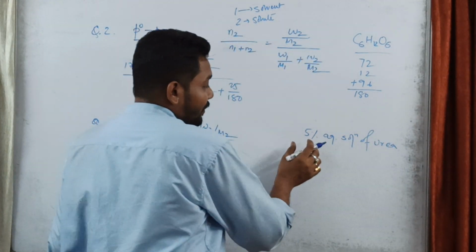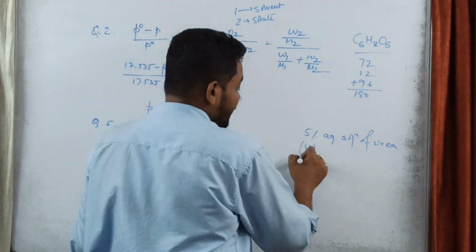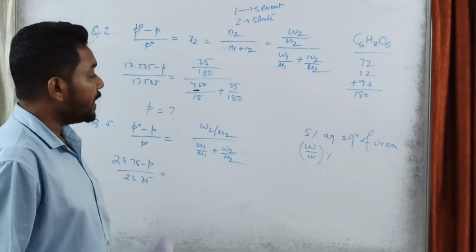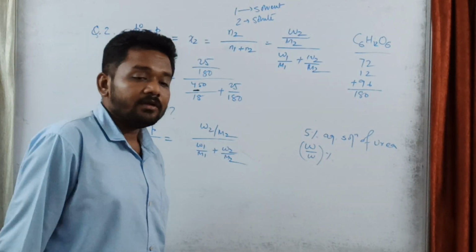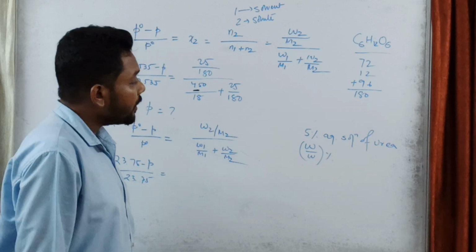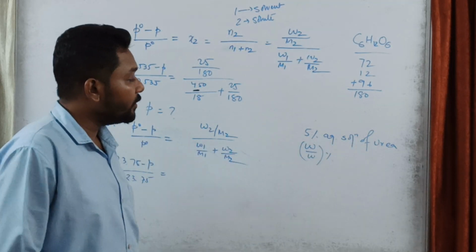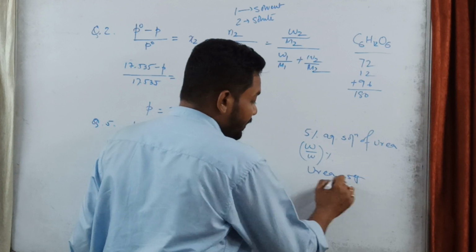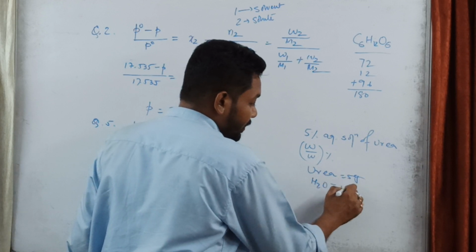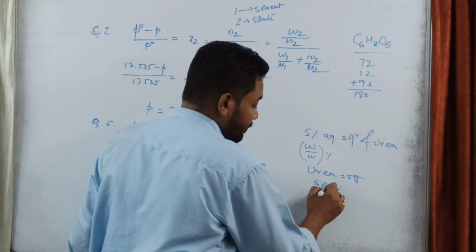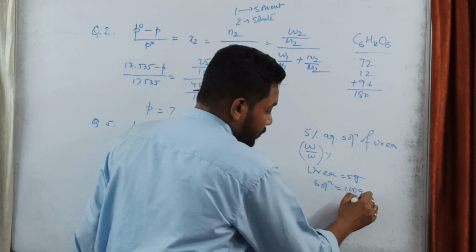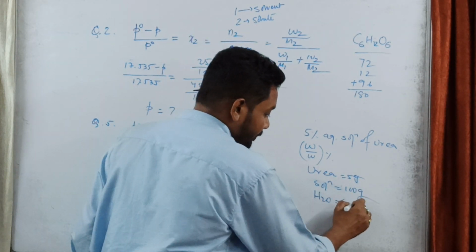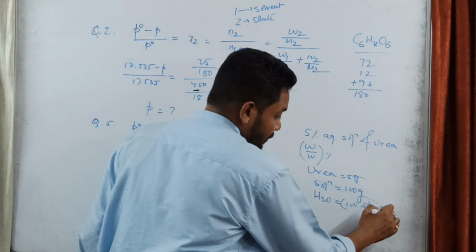They are saying 5% aqueous solution of urea. That means this is weight by weight percentage, and in my concentration terms lecture on weight by weight percentage calculation I have said that anything percent given you can represent by weight. That means 5% aqueous solution of urea means urea is 5 gram and the solution is 100 gram. If solution is 100 gram, then water is 100 minus 5, that means 95 gram.